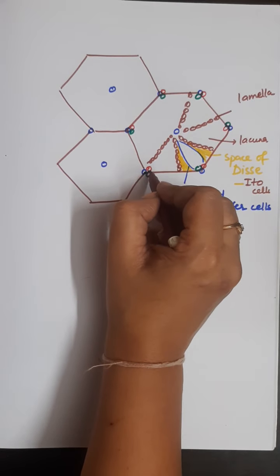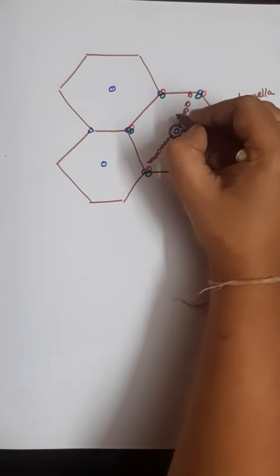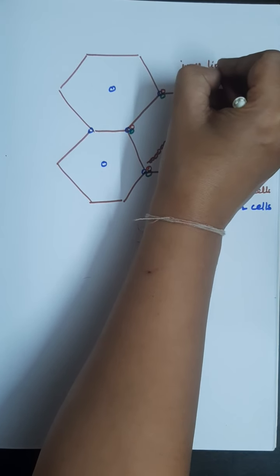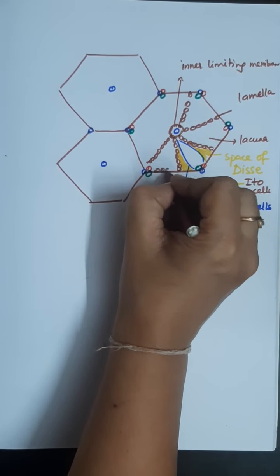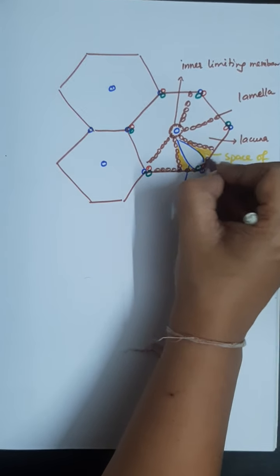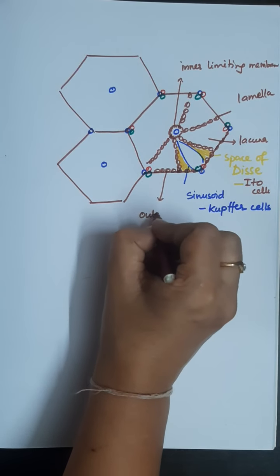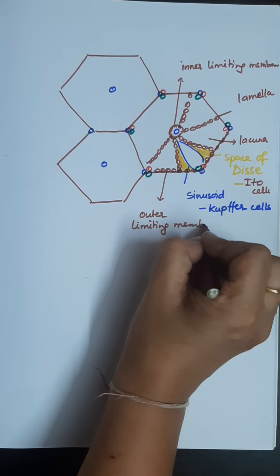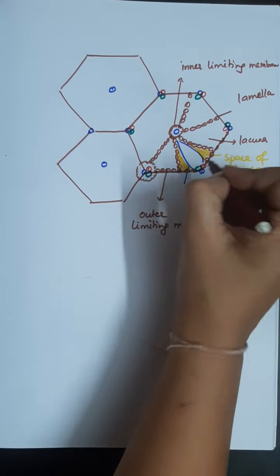Now these hepatocytes, which are forming hepatic lamella, they meet with each other around the central canal and form this membrane called inner limiting membrane. And they also meet with each other outside the lobule and form a membrane called outer limiting membrane, which also surrounds the portal triad.